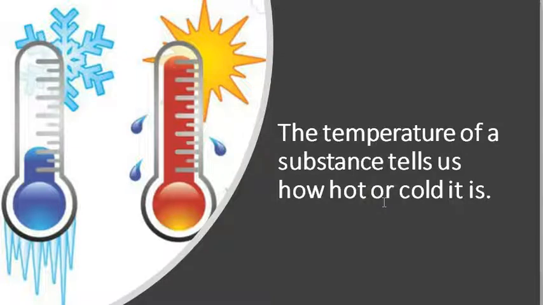Temperature is a degree of hotness or coldness that can be measured. It's also a measure of how fast the atoms and molecules of a substance are moving. Everything is going around matter, molecules and atoms. Clear?